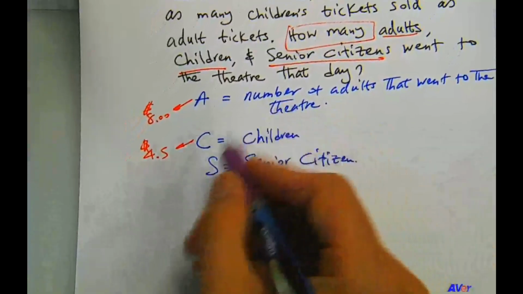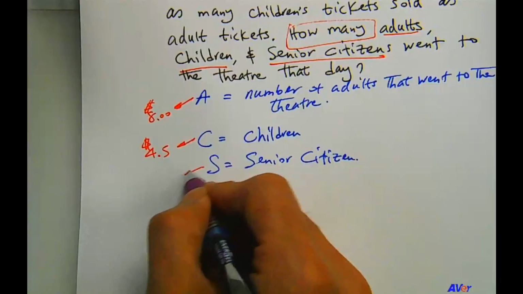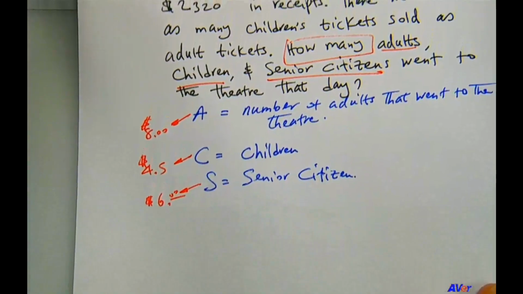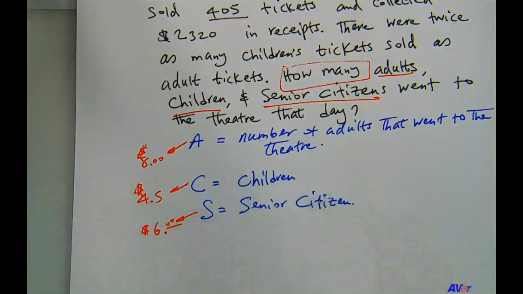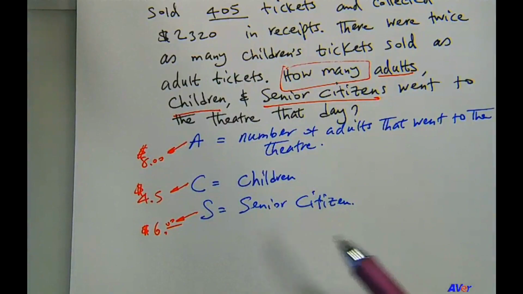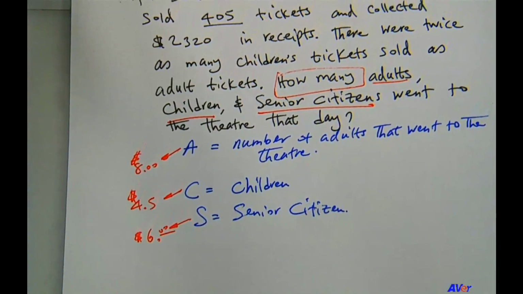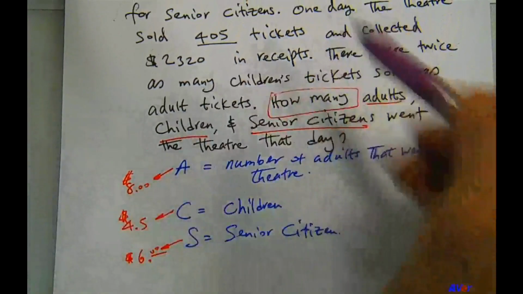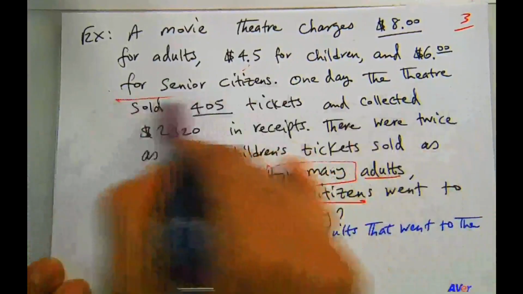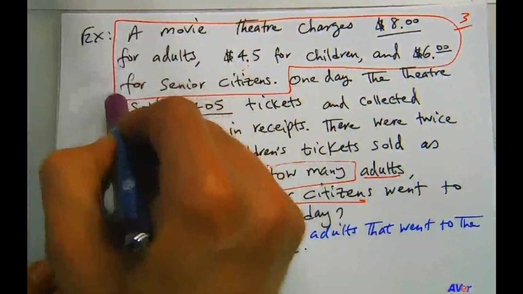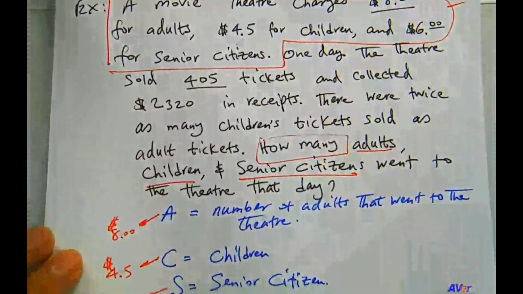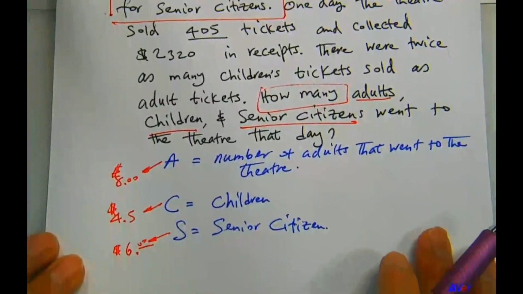For senior citizens, that price is $6. Obviously, this is old data. We know the prices are much higher than these today. So now that we took care of that information, we've been able to translate all of it. If somebody rips this piece of page away from me, I'm not going to miss it. I've already accounted for that information.